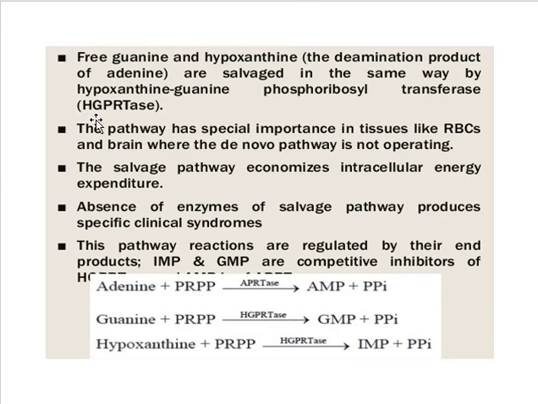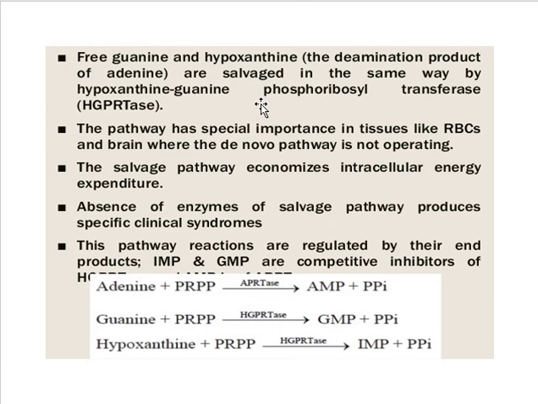The free bases guanine and hypoxanthine, these are also salvaged in the same way, and the enzyme catalyzing their salvage is the hypoxanthine guanine phosphoribosyl transferase.